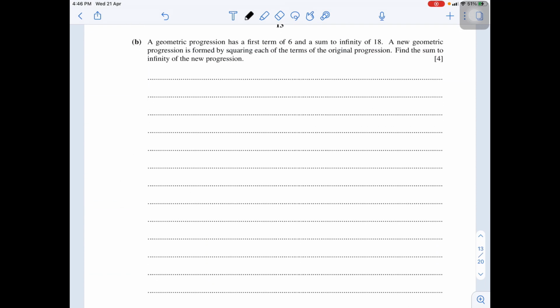Let's try part B now. A geometric progression has a first term of 6 and a sum to infinity of 18. So I'm writing the geometric progression first: A, AR, AR squared, up to AR to the n minus 1. A is 6 and S infinity is 18.